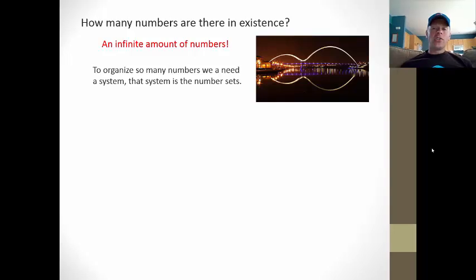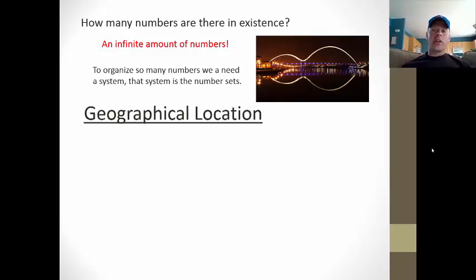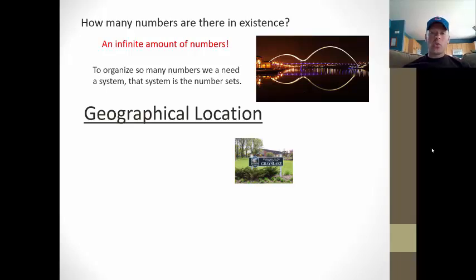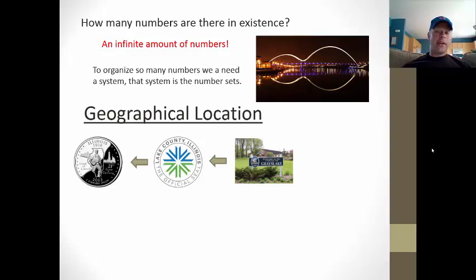Now, to understand how the number sets relate to each other, it's easy to understand that based on an analogy with geographic location, right? So let's just say you're at school, you are currently located in Grayslake, Illinois. Well, if you're in Grayslake, you're also in Lake County. If you're in Lake County, you're also in Illinois.